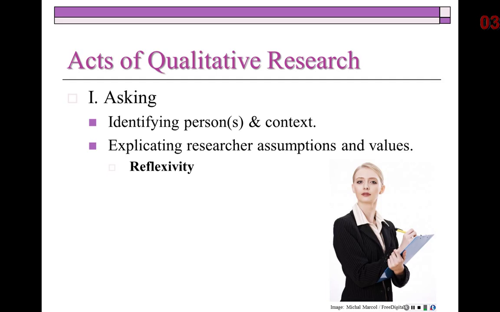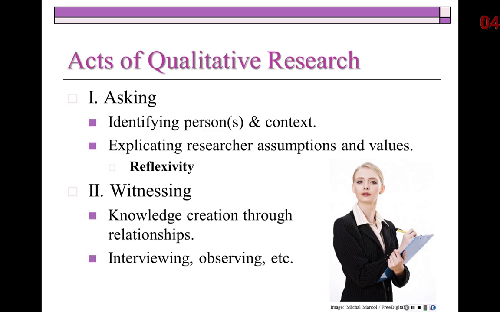So when we look back at a couple chapters ago where we were talking about researcher assumptions, right? Or actually last chapter, chapter 3, when we were talking about the various types of research philosophies, you're really checking your assumptions and values here in the first part of asking. Then there's witnessing. So this is when you actually conduct your research.